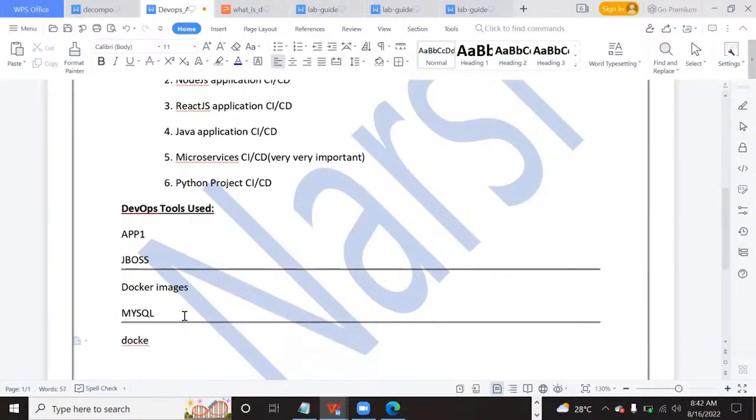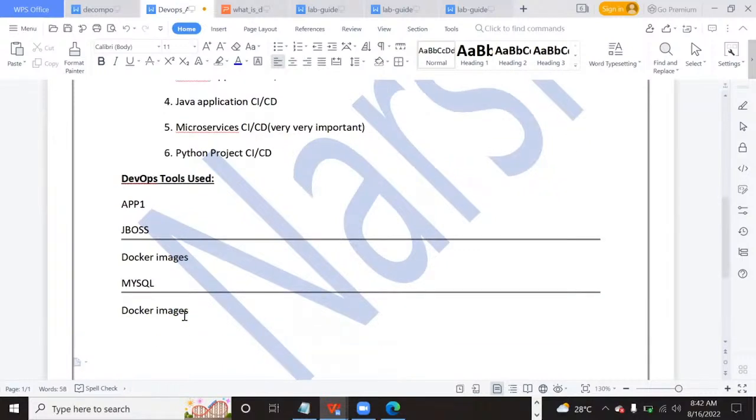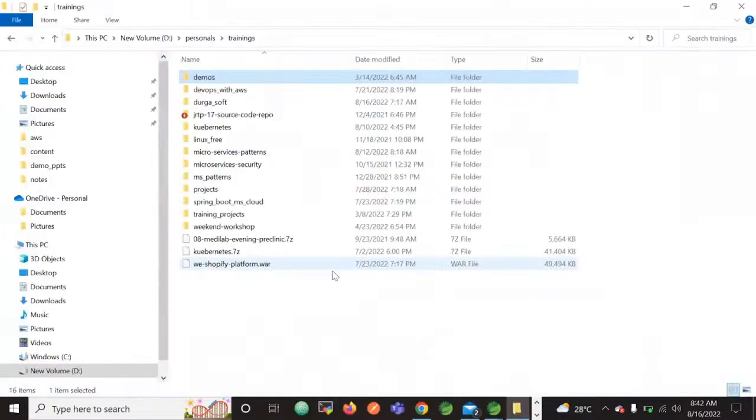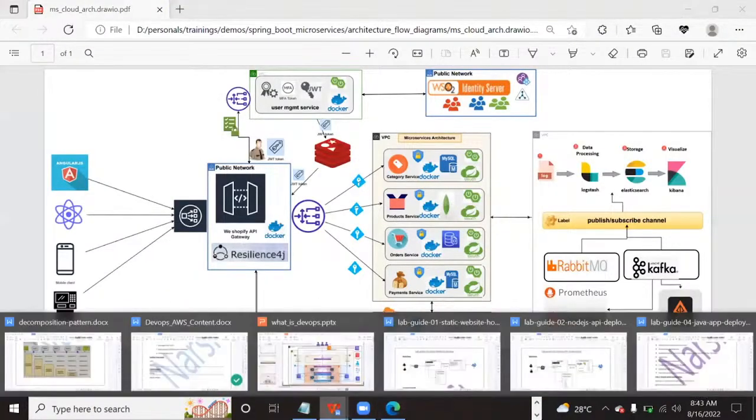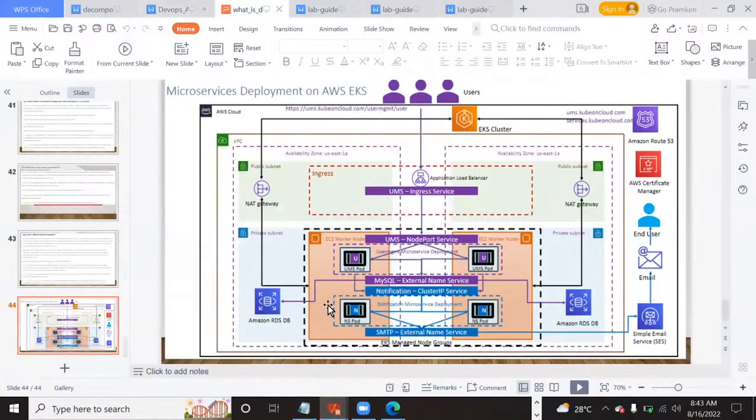Now these Dockerized images will be deployed in our production, meaning in our Kubernetes cluster. In this cluster, the Dockerized images will be deployed as Kubernetes pods.